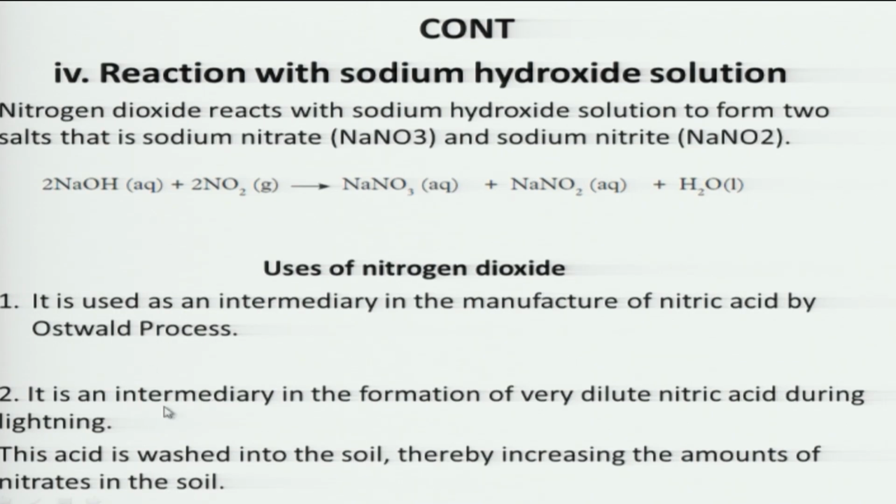Another thing, it is an intermediate in the formation of very dilute nitric acid during lightning. This acid is washed into the soil, thereby increasing the amount of nitrates in the soil.